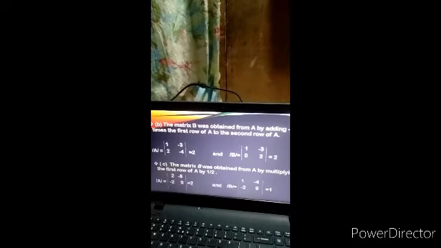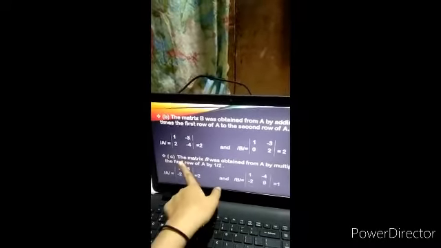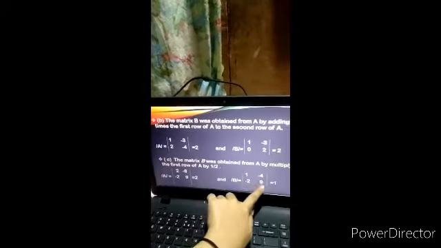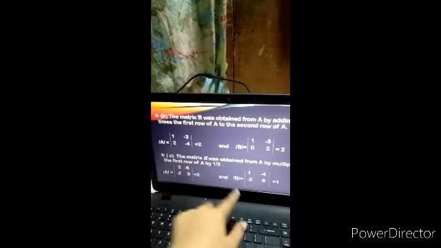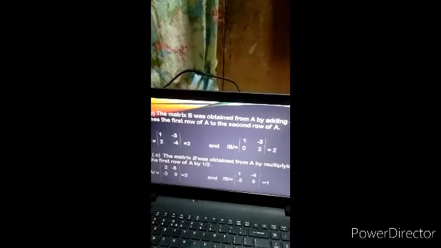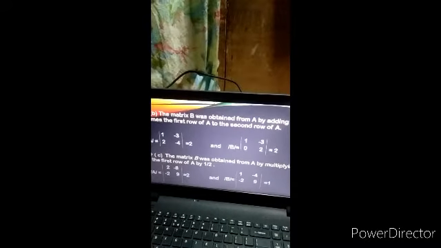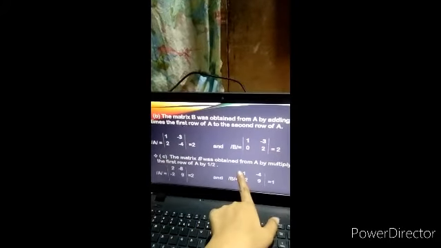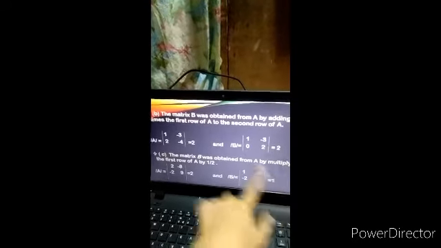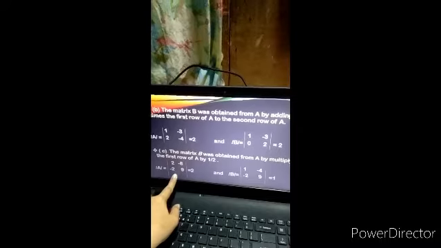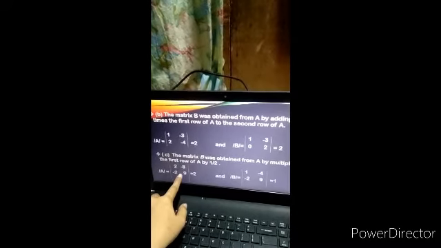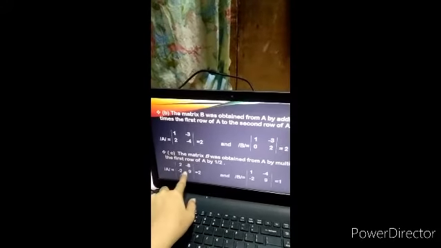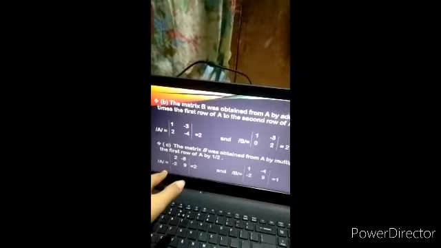What happens in this third effect is that matrix B is still obtained from A, but to produce a new first row in matrix B, we need to multiply the first row by 1/2.